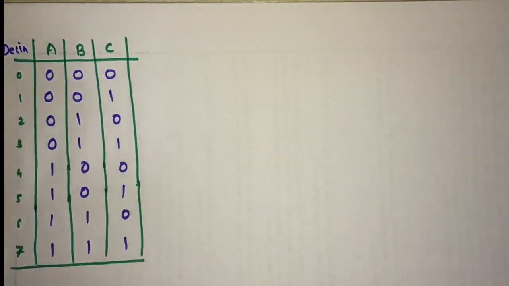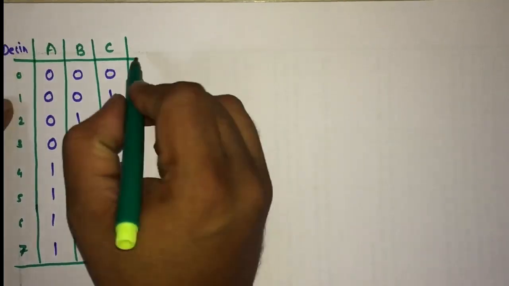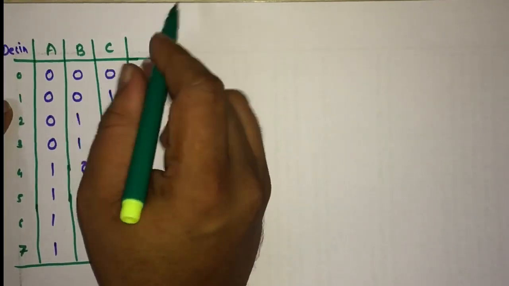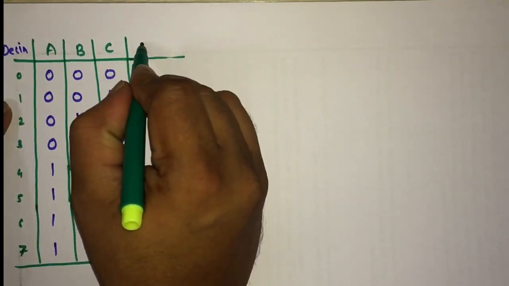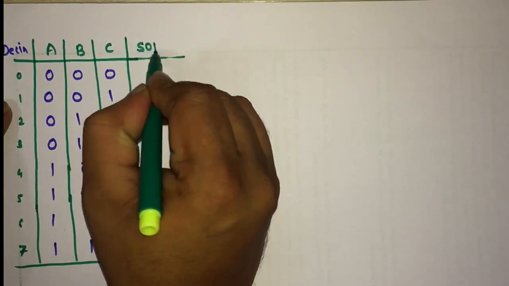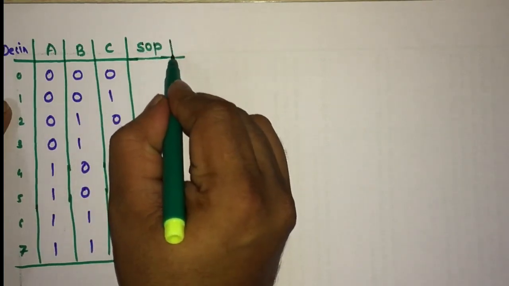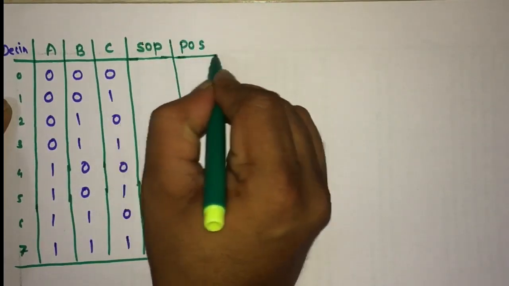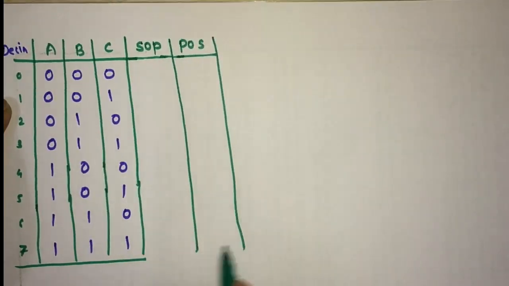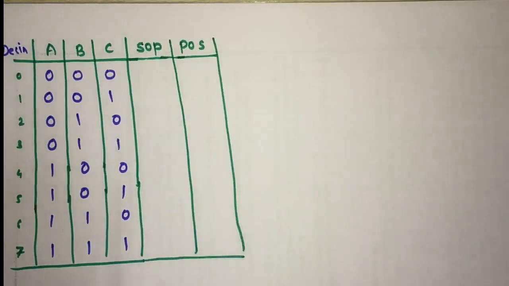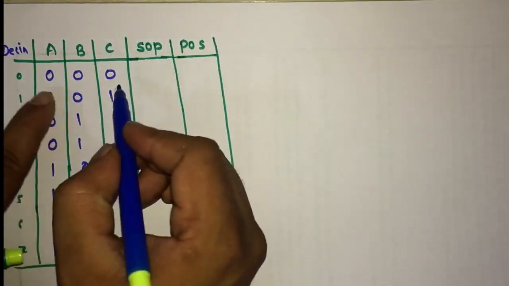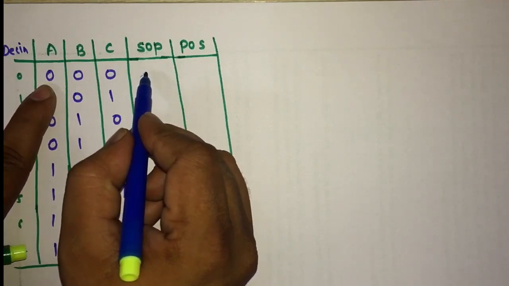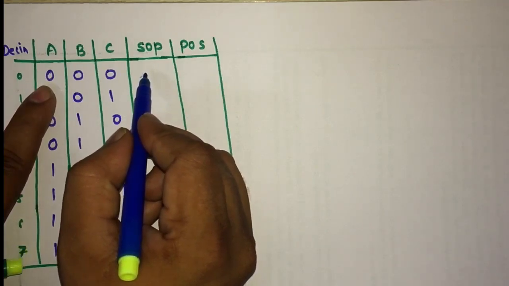Now here we have to find out the SOP term and then the POS term. So how to write the SOP term? We know that in case of SOP form, the terms are in the form of product.